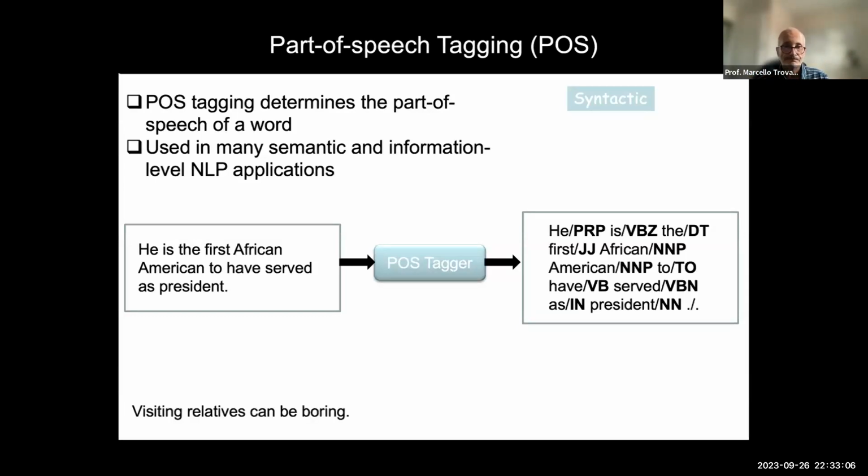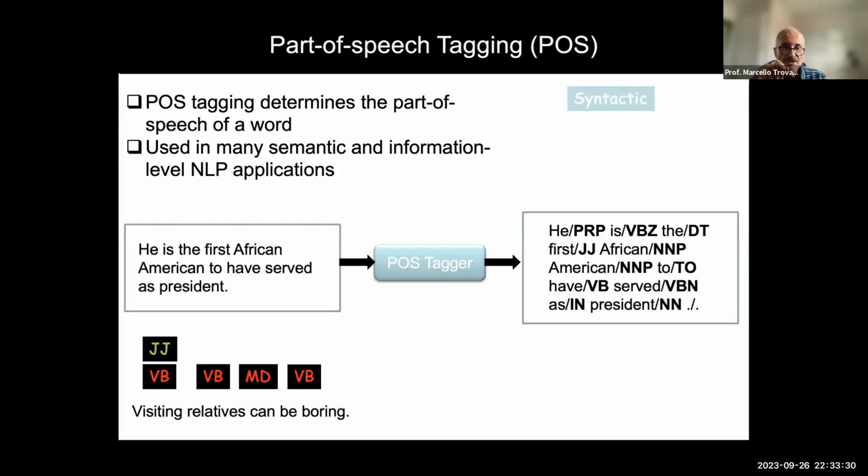So it is not straightforward at all. If you look at "visiting relatives can be boring", it can be interpreted in two different ways. It could be that the act of visiting some of the relatives is actually boring, or that the relatives visiting you are boring.